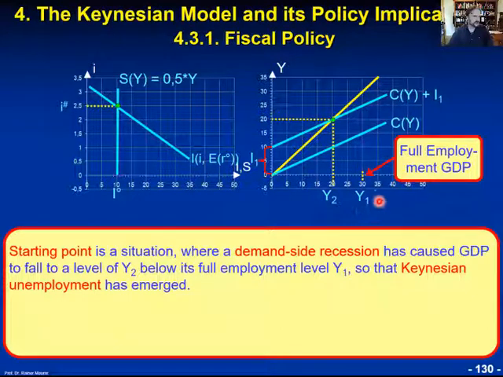GDP level of Y1 corresponds in this diagram to 30 units GDP, so this is necessary to overcome the recession and restore full employment. But currently we have a GDP level of Y2, which corresponds to 20 units GDP, which is not sufficient to have full employment. This is a situation that goes hand in hand with Keynesian unemployment.